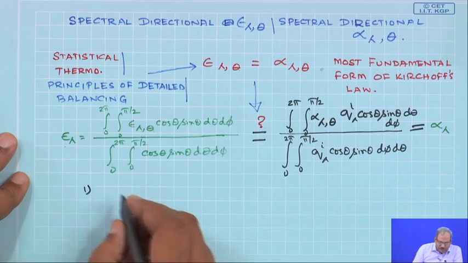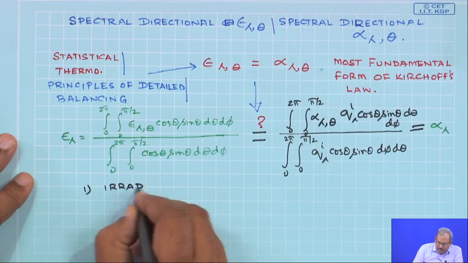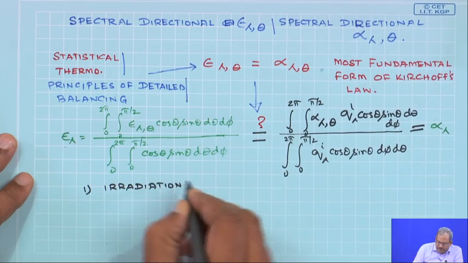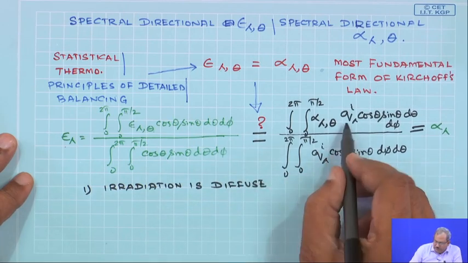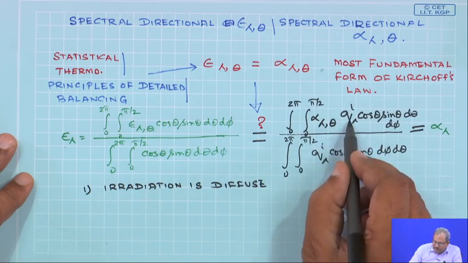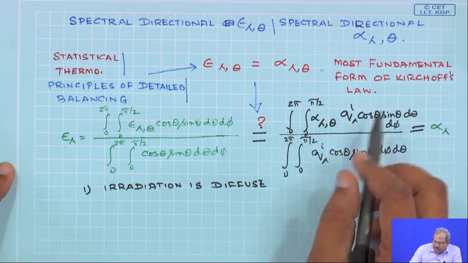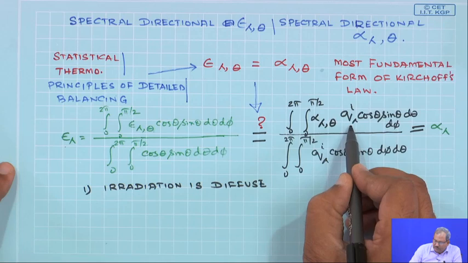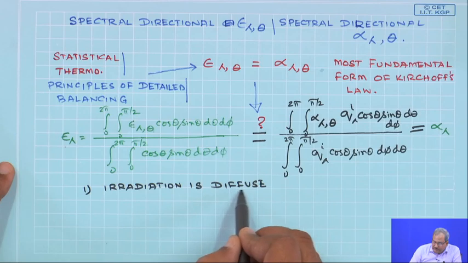The first one is that the irradiation is diffuse. If the irradiation, which is q lambda I, is diffuse, then it will have no directional dependence. It will be a constant with respect to the direction. That is what diffuse is all about. A radiative property is diffuse when it does not depend on the direction.